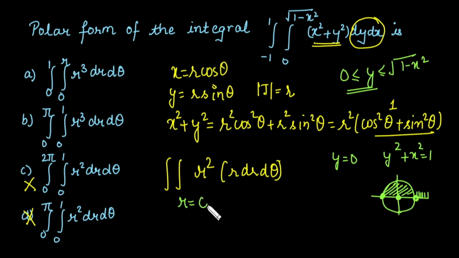Minimum distance is 0. Maximum distance from the origin is 1. Theta: how much is the rotation of theta? Starting from this point 0, pi by 2, till pi. So the limit for theta is 0 to pi. Hence option B is correct.